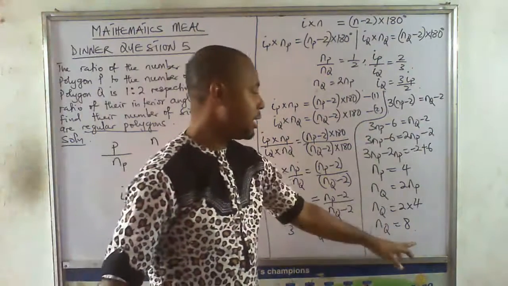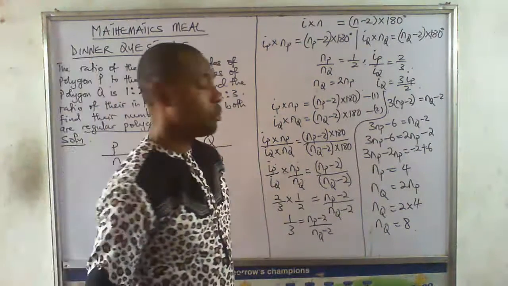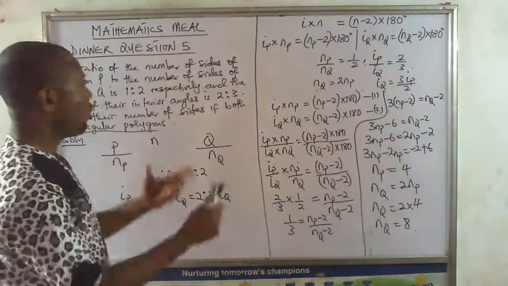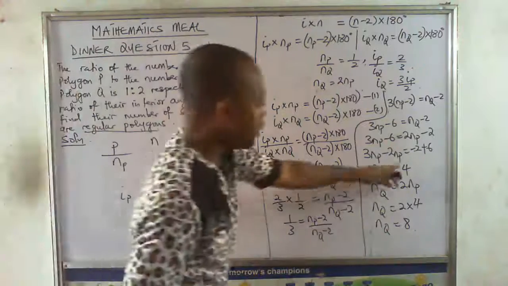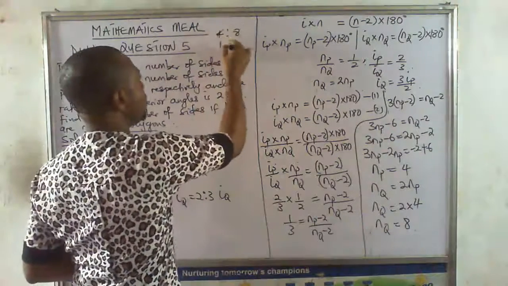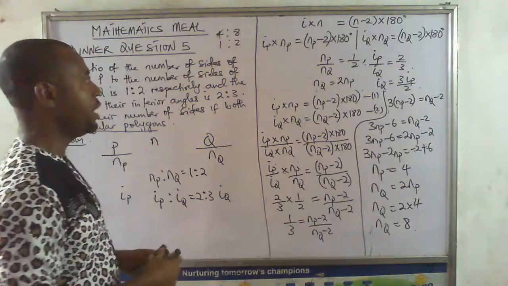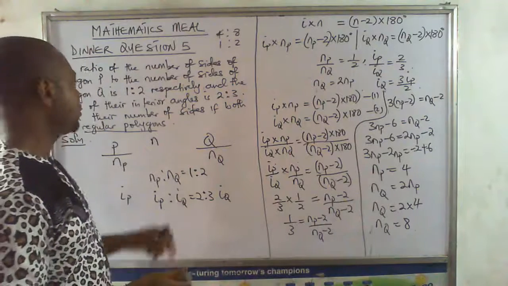That's a quadrilateral and an octagon. Quadrilateral and octagon. And if you go on to check the ratio of their number of sides, it will actually give you 4:8, which is 1:2.